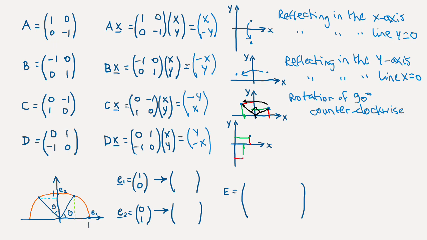So we're ending up at this point here, and so if I draw the diagonals on those rectangles like this, we've rotated this way about the origin by 90 degrees. Okay, so let's write that down. So this matrix D represents a rotation of 90 degrees clockwise.